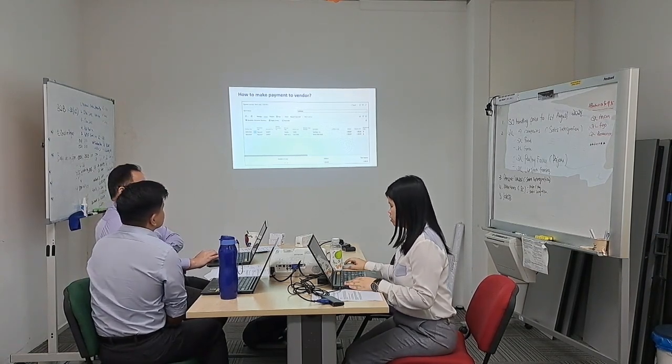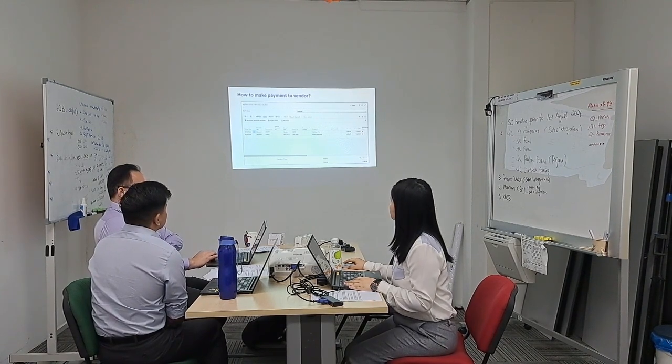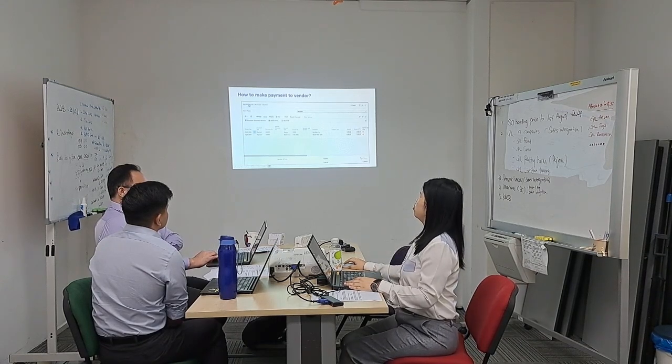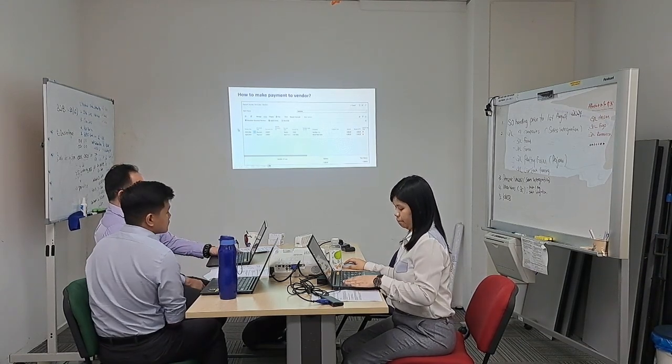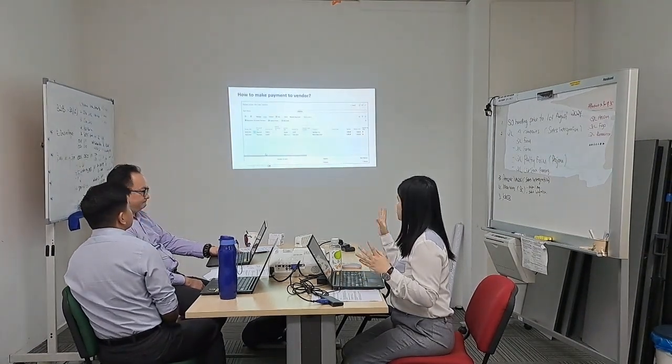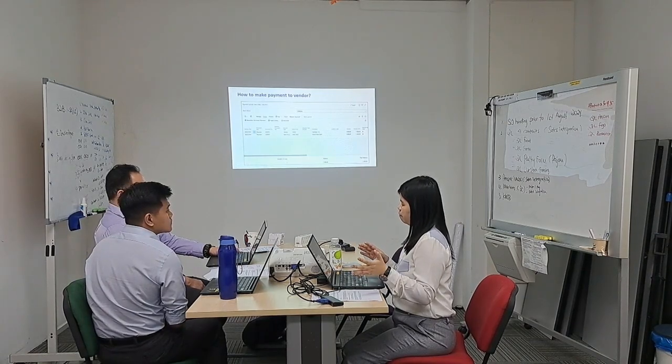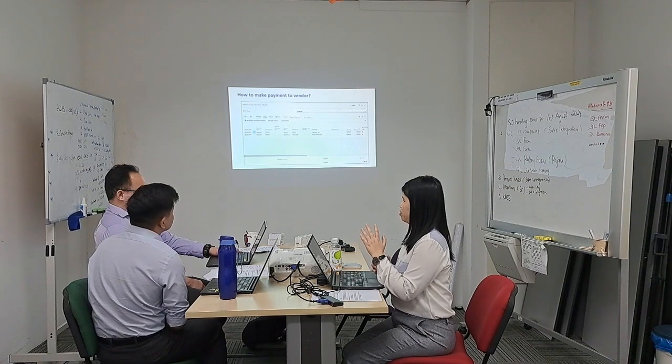When we make payment to our supplier, we go into the page called Payment Journal. Usually this payment part is handled by finance, not procurement.